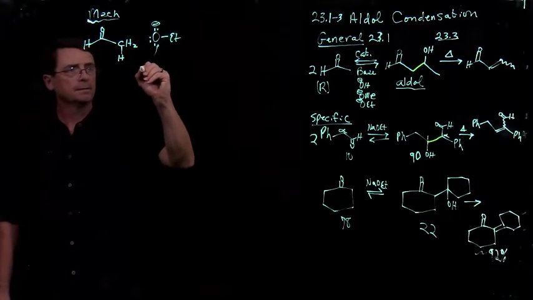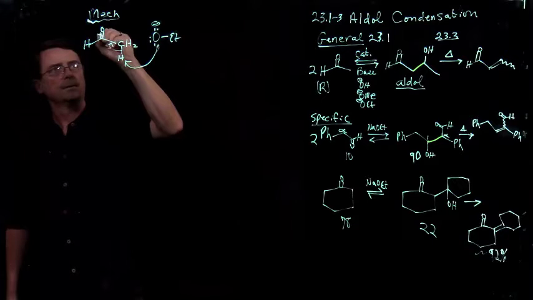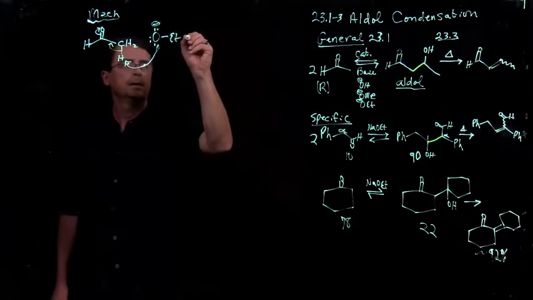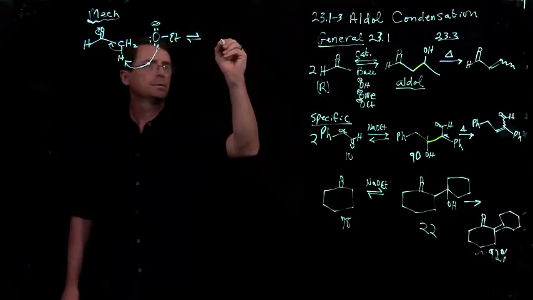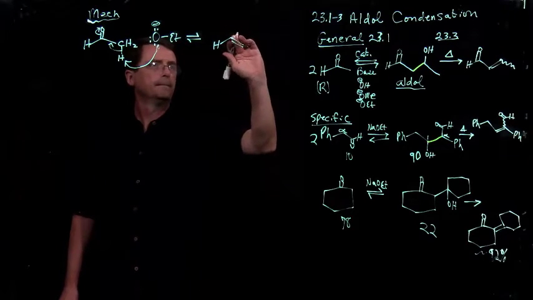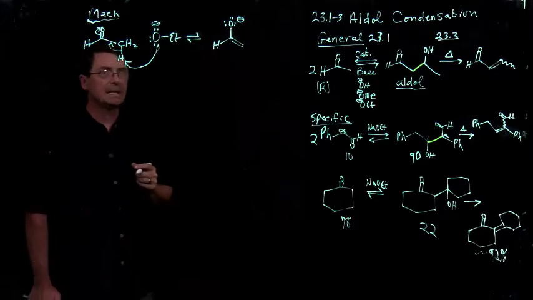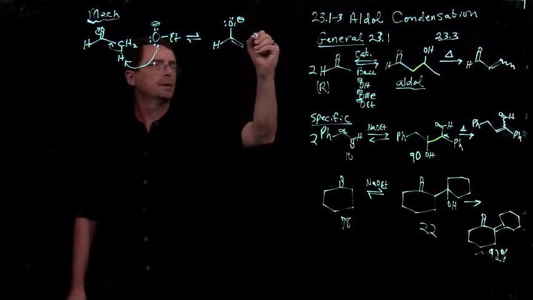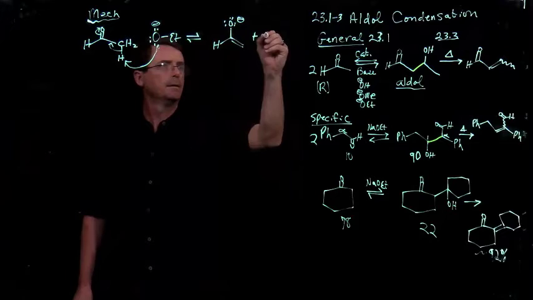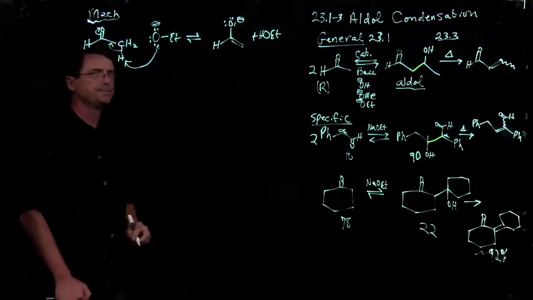So we deprotonate, again, this is an equilibrium to produce the enolate ion plus ethanol, and that is reversible.